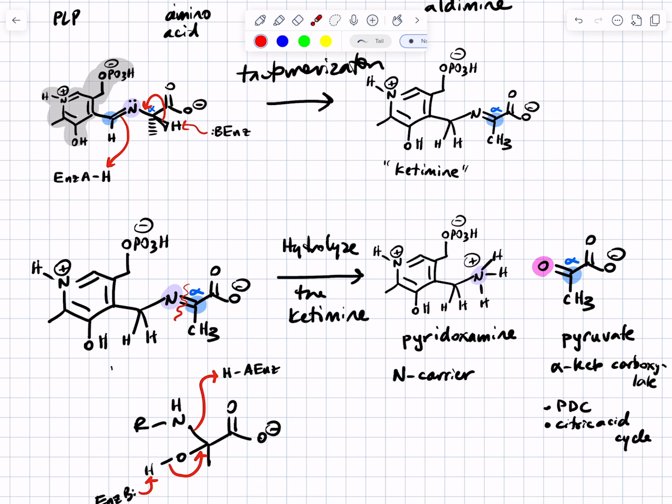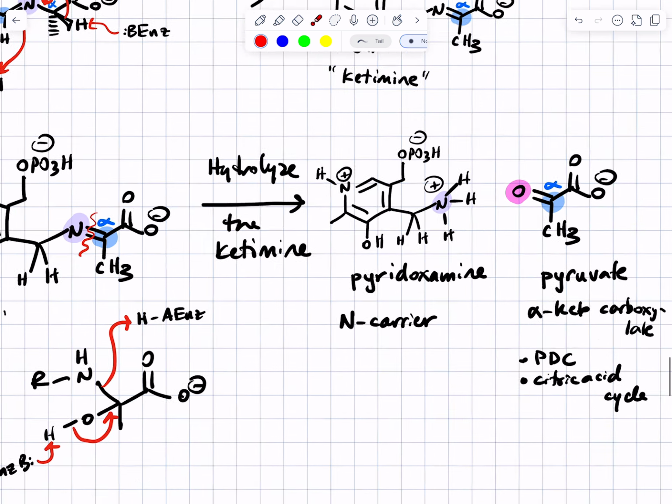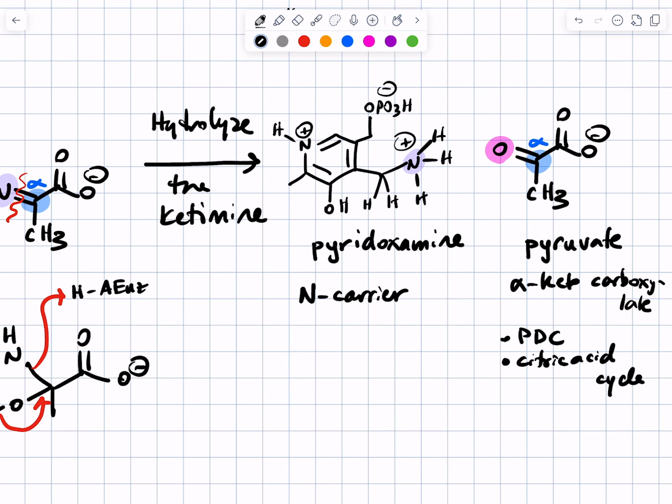You've got to do the aminotransferase reaction first. That doesn't require any ATP. That converts alanine into pyruvate. And then pyruvate can be broken down via the pyruvate dehydrogenase complex and the citric acid cycle, or it can be used to make glucose in gluconeogenesis, which we didn't talk about.